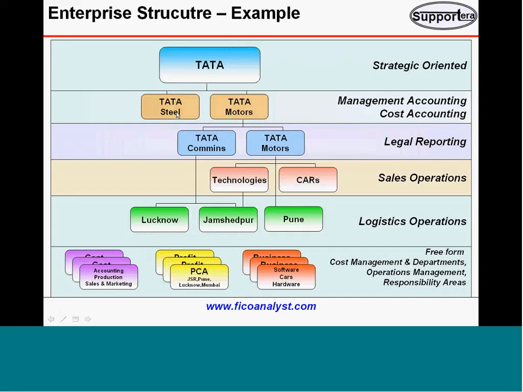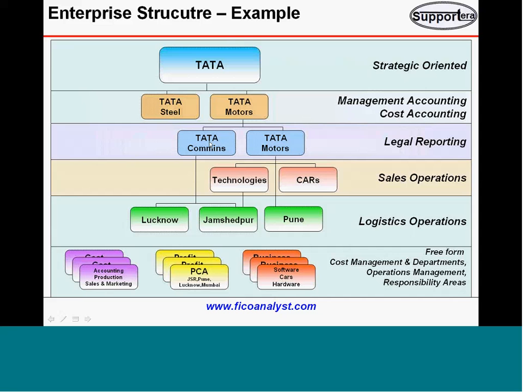And within Tata Motors, which we think of as one company, within their management they may have multiple subsidiaries. So for example, for legal reporting purposes, they have two company codes, Tata Motors and Tata Cummins. Cummins is another company code from the legal perspective.